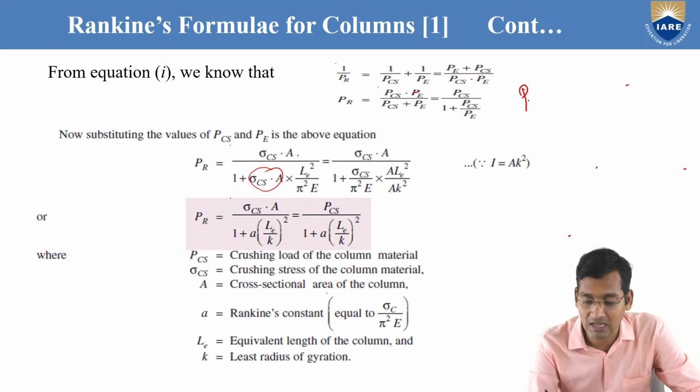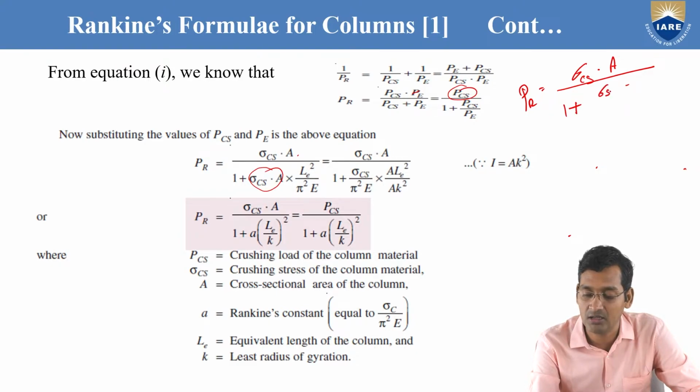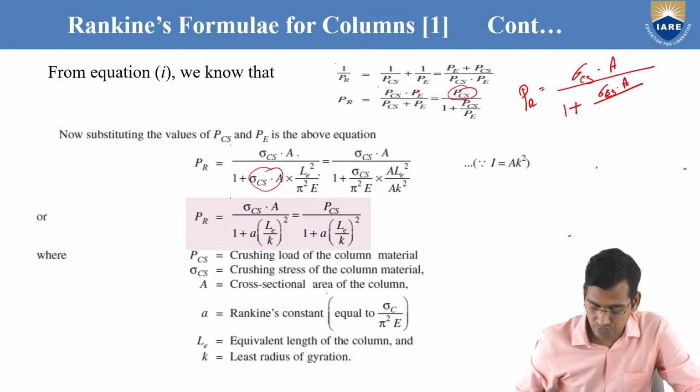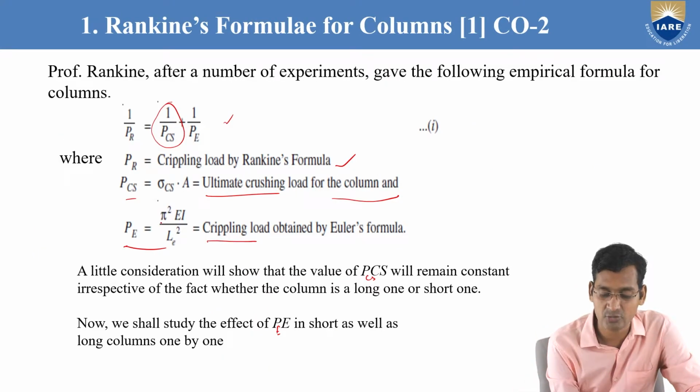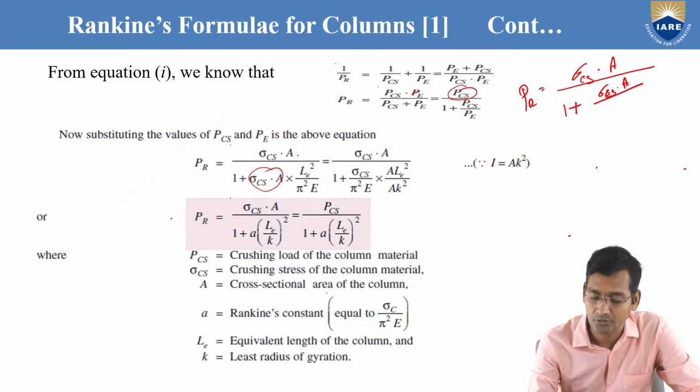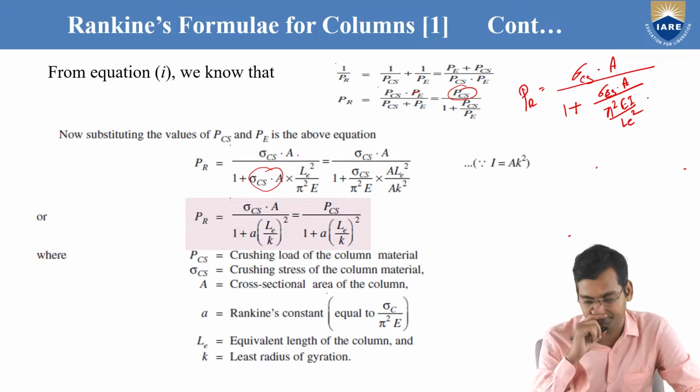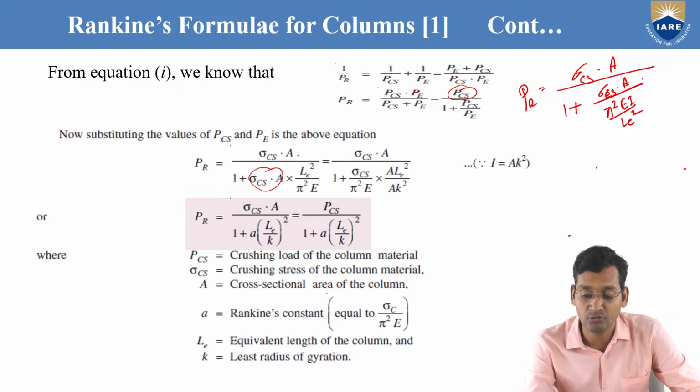So PR equals sigma CS into A divided by 1 plus PCS, which is again sigma CS into A, divided by PE. Now PE is pi square EI by LE square, so this will come to the numerator.